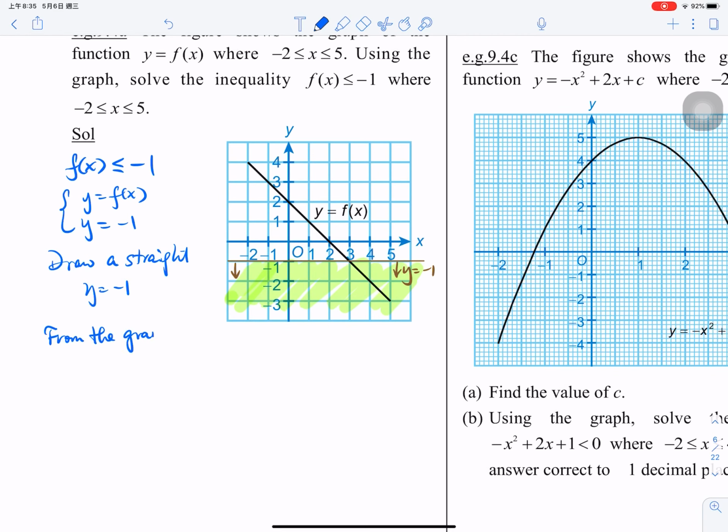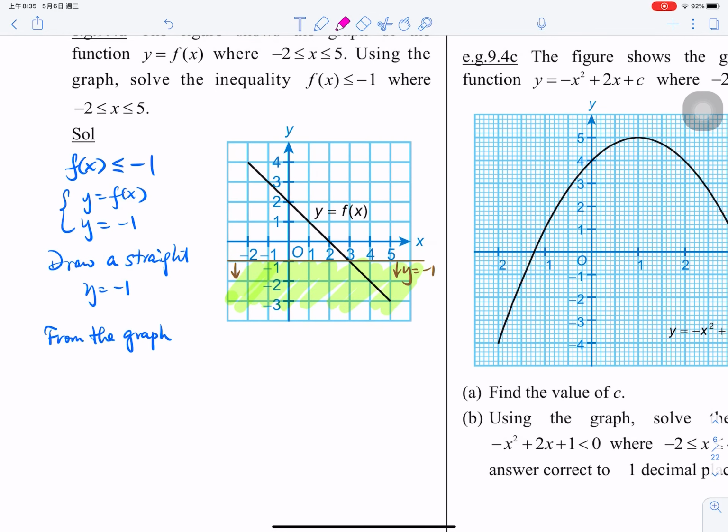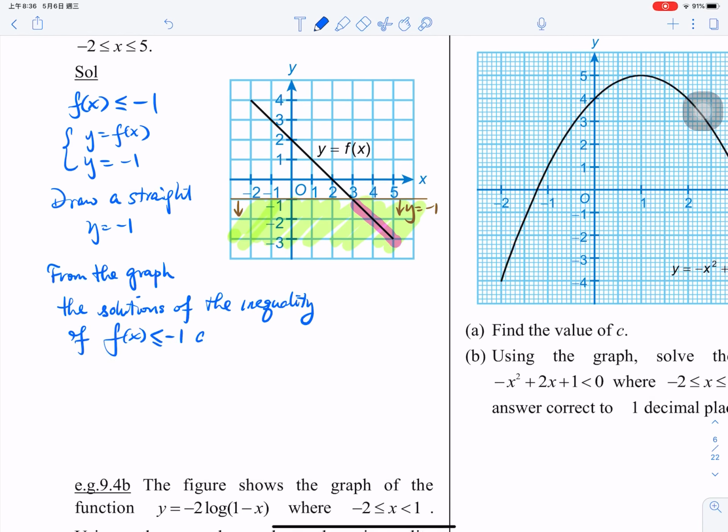As a result, from the graph, which part can you see? Yeah, this part of the function is smaller than or equal to negative 1. So from the graph, the solution of the inequality f(x) smaller or equal to negative 1 is x in between 3 and 5.